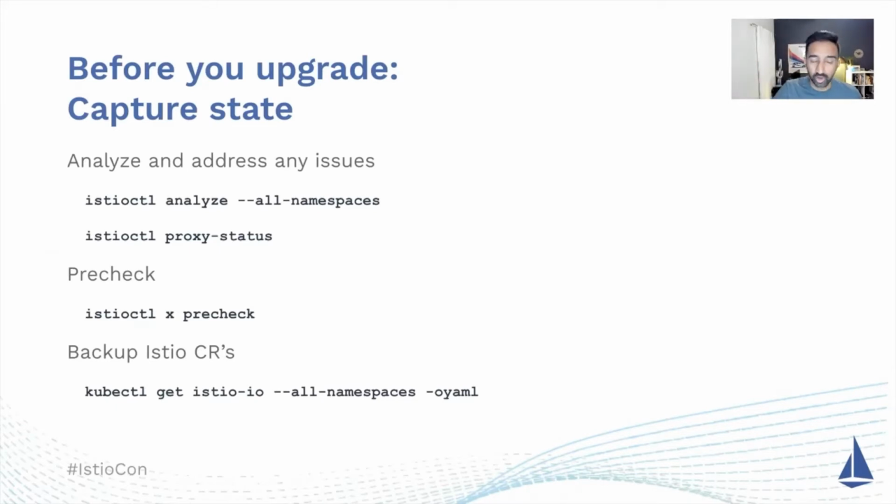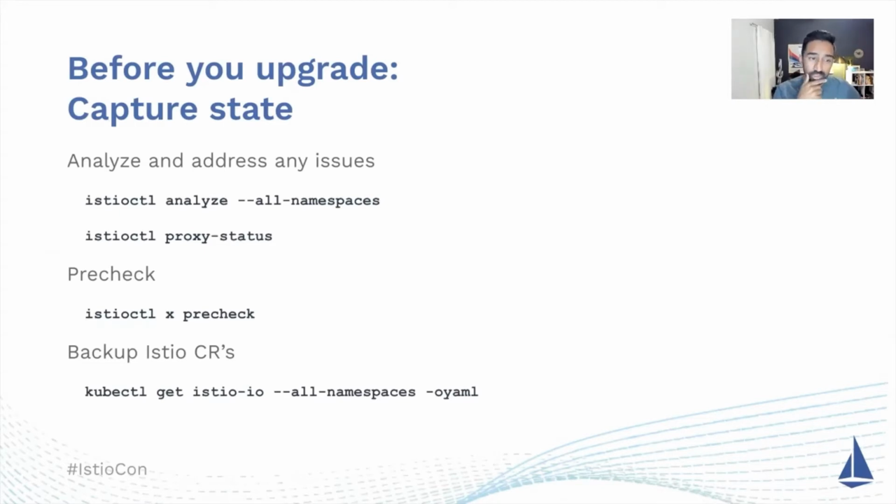Do they have the latest route configuration, listener configuration, cluster configuration? You should see SYNCED or NOT SENT in all of those columns when you run the proxy-status command. And if it's not, then you know that one of your pods has a problem. You should fix that before you start your upgrade procedure.